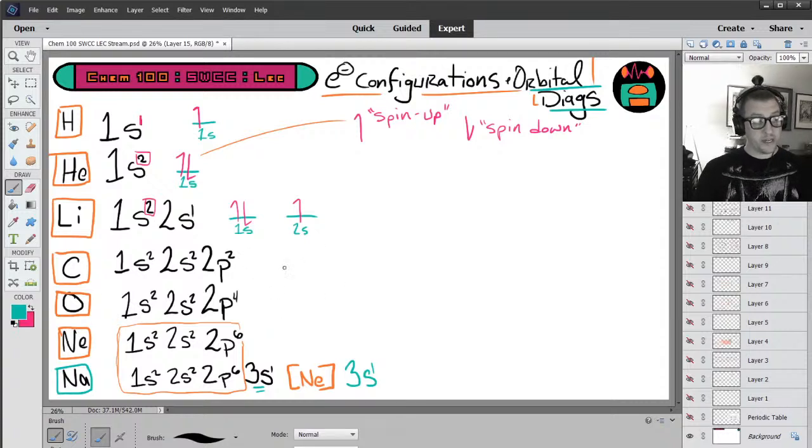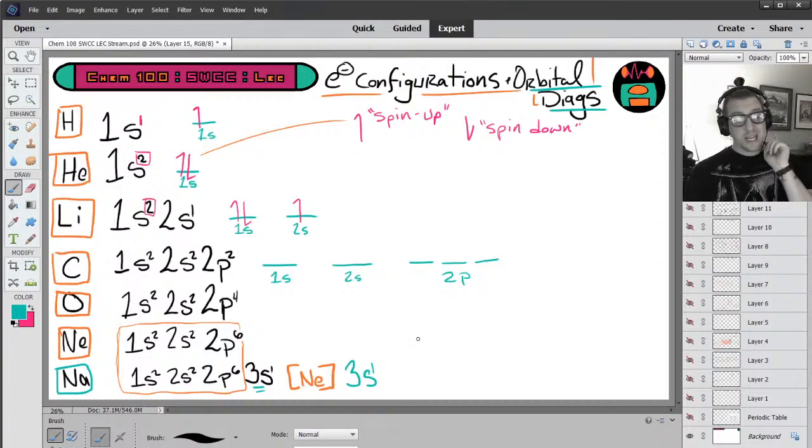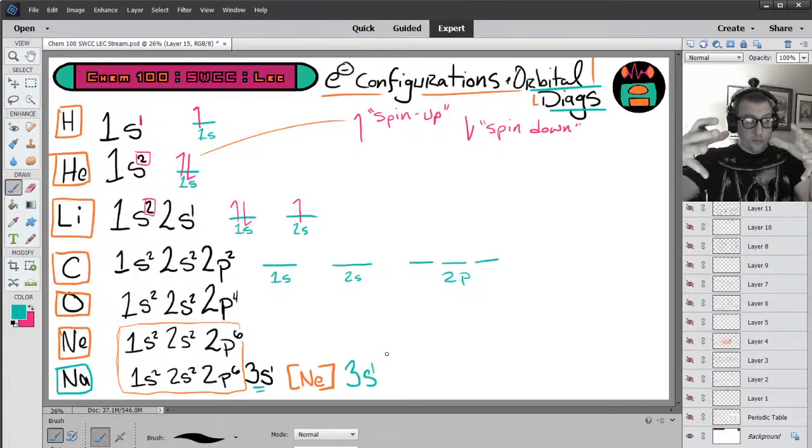Let's jump to carbon. So we have our 1s subshell, our 2s subshell, and our 2p subshell. Notice in your orbital diagram, you represent every individual orbital within the subshell.